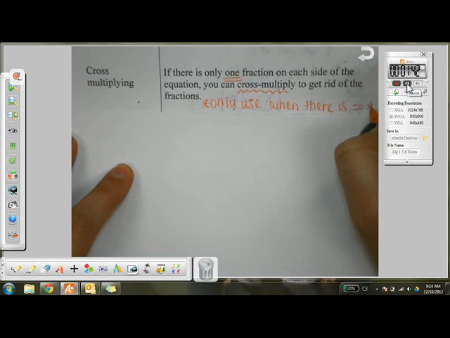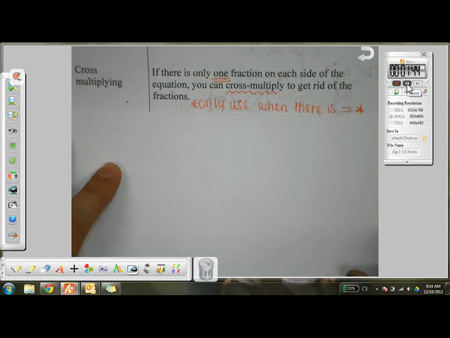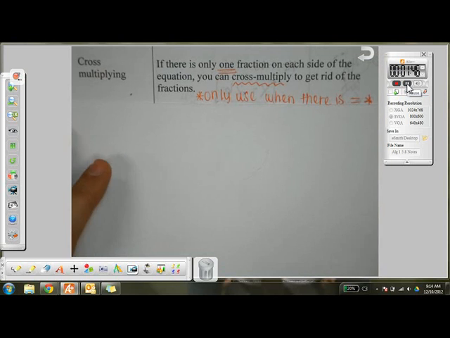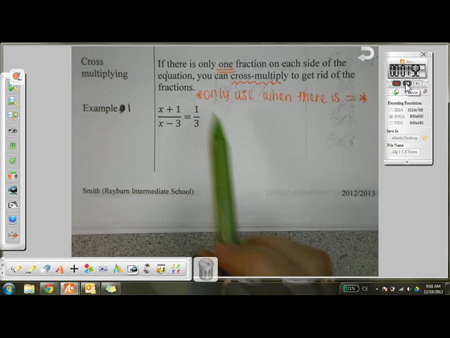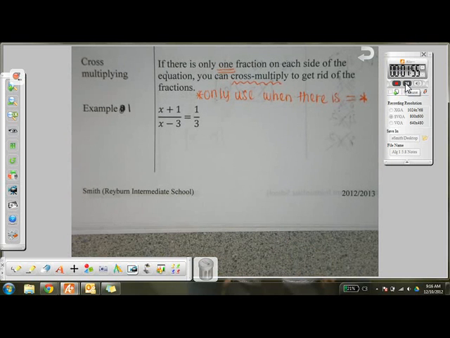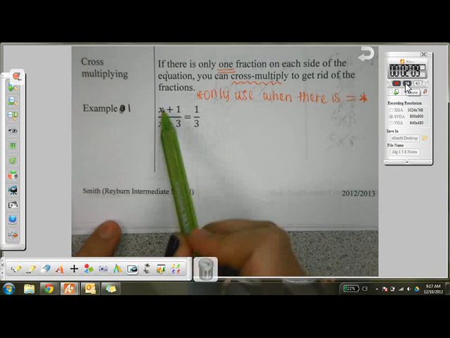You only use cross multiplying when there's an equal sign and only one fraction on each side of the equation. So example 1, we have x plus 1 over x minus 3 equals 1 over 3. First question: do I have only one fraction on each side?